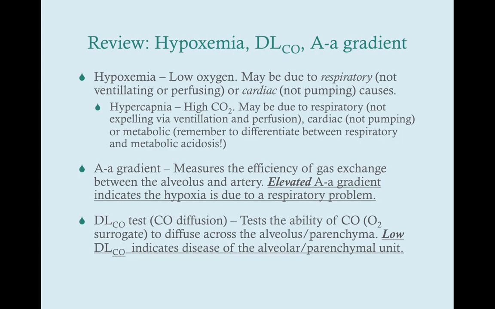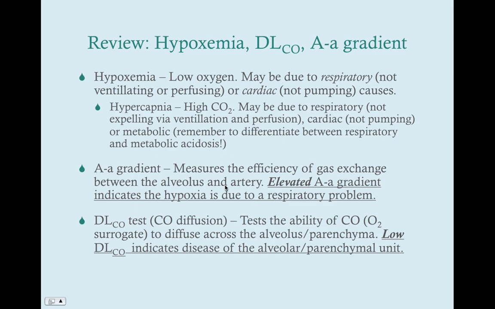It can be due to a cardiac cause. So if you're not getting your CO2 to your lungs, then you're not going to be able to breathe it out. Or it can be due to a metabolic cause, meaning that you're actually getting an elevated bicarb, so you're going to have a higher partial pressure of CO2, but it's metabolic in nature due to the fact that you're creating more carbon byproducts. So remember how you differentiate between respiratory and metabolic acidosis.